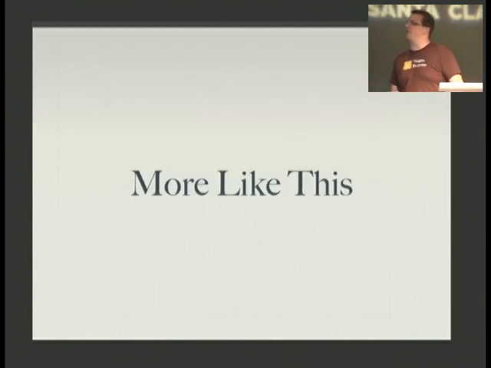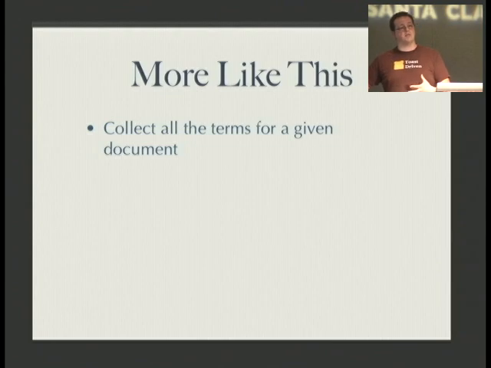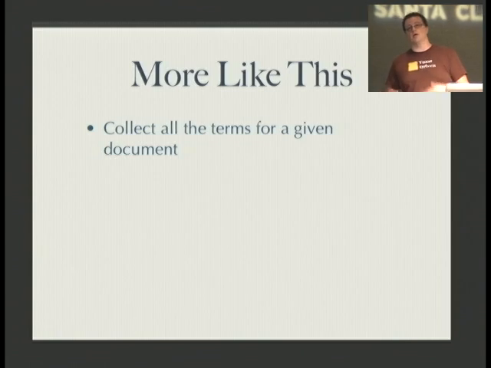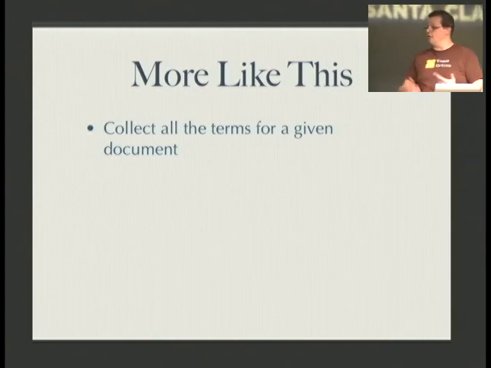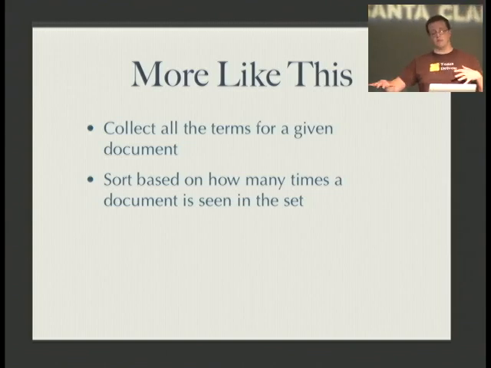Another common one is something like more like this. What more like this provides is basically contextually similar documents. So you've got this huge list of terms that you generated when you indexed. You know all the terms that were in that document, and you can also find other documents that have a very similar set of terms. And an implementation would look like collecting all the terms based on documents. So you probably need an alternative data structure to store a document to term mapping.